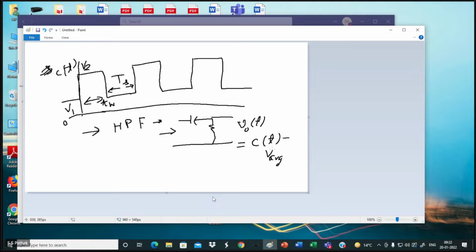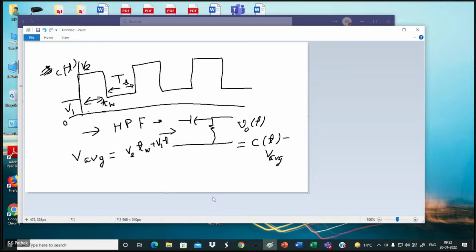And how much is my V average now? V average is: V2 going up to TW, then V1 operating up to TS.